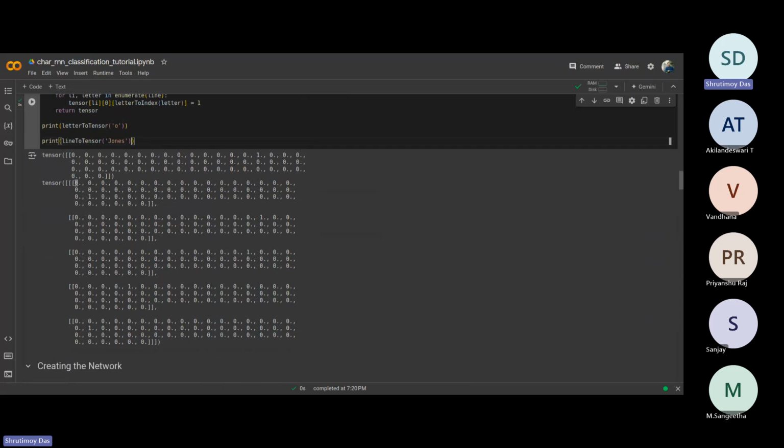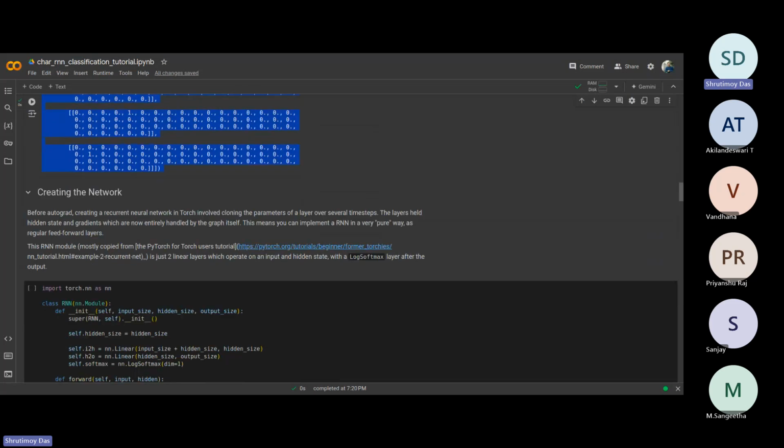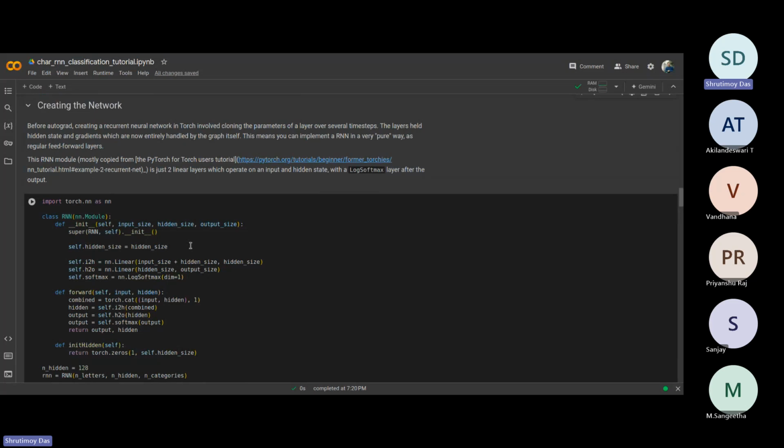This is your embedding for J, this is for O, this is N, this is E, and this is S. So you pass this whole tensor as an input to your neural network. Now you design the neural network.